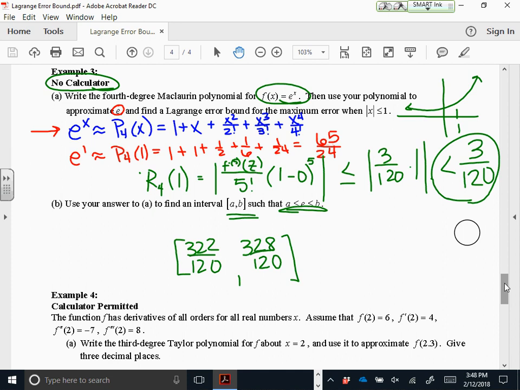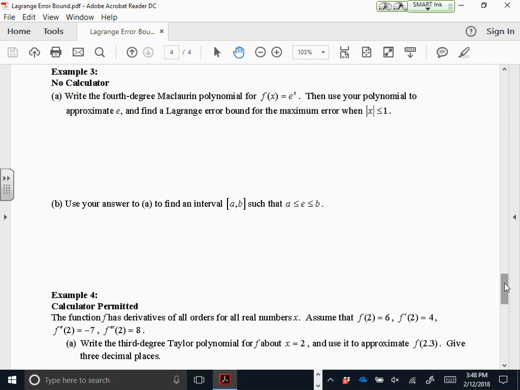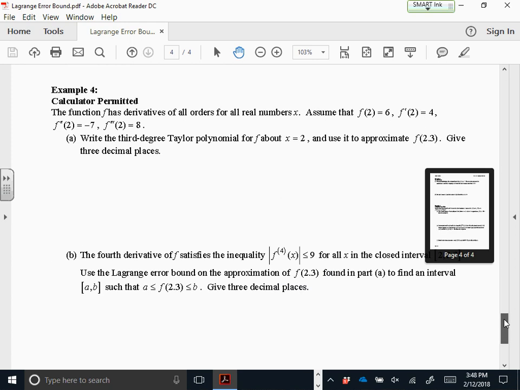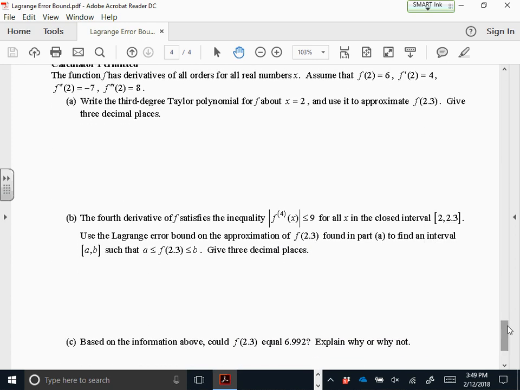Okay, and our last example. Here we are given the derivatives at 2, good thing, because they're asking for a third degree polynomial about x equals 2. So our function, we are going to approximate it with our third degree polynomial would be, all right, our function value is 6 plus our first derivative is 4.